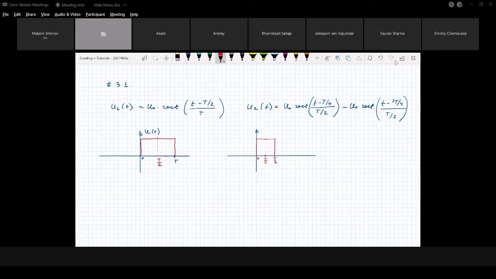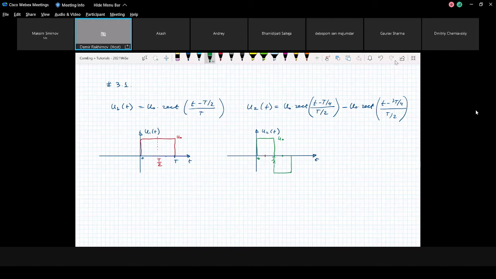It will be the positive part. Maybe I use a different color, green, and this is our positive part from 0 to T/2. And then we have the second rectangular pulse, centered at 3T/4, and it also has duration T/2. So this is how it looks, and it's our second signal u2 of t. We are in the time domain t, and the amplitude equals u0.